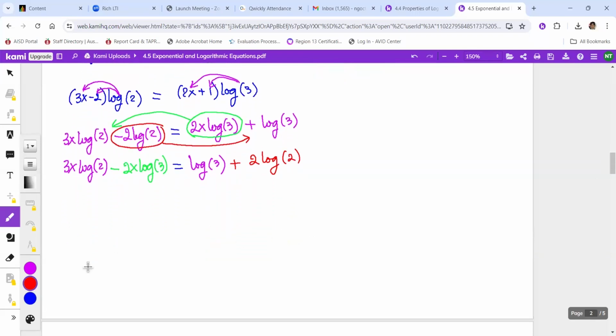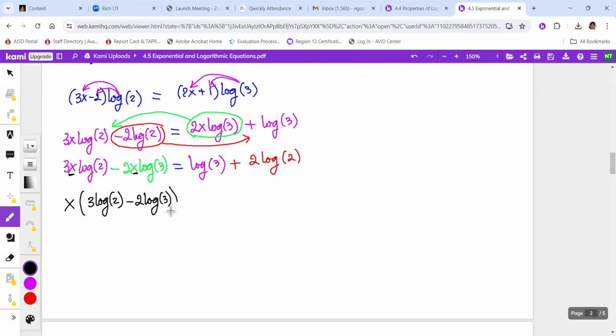Okay, so let's go back to the left hand side. On the left hand side, we can go ahead and factor out the common factor, which is the variable x. The leftover from each term is 3 times log base 10 of 2 minus 2 times log base 10 of 3.